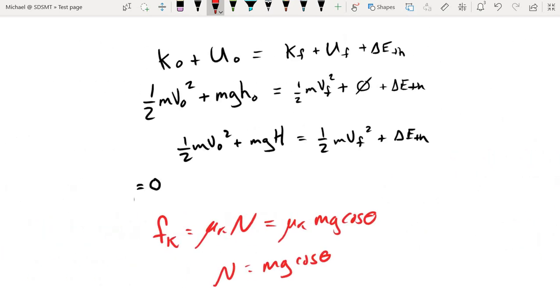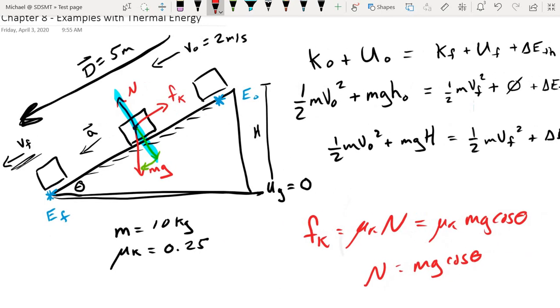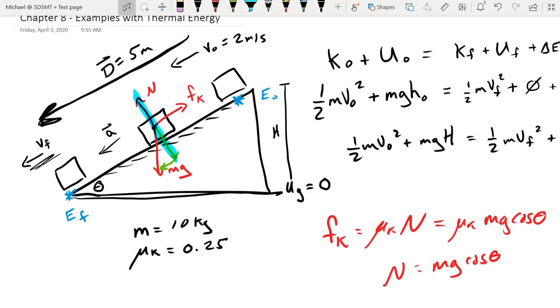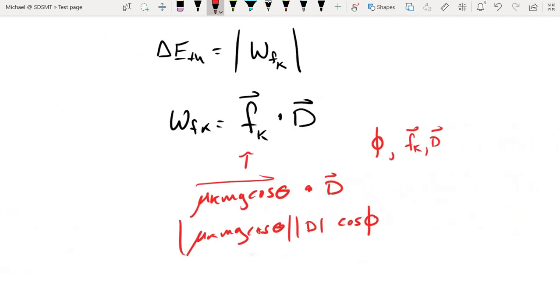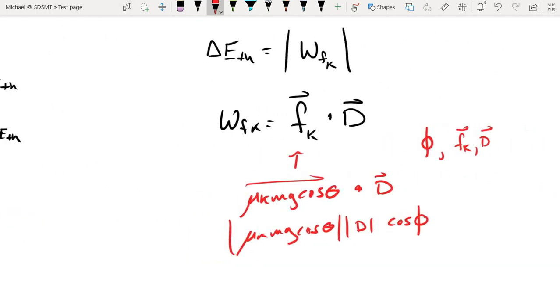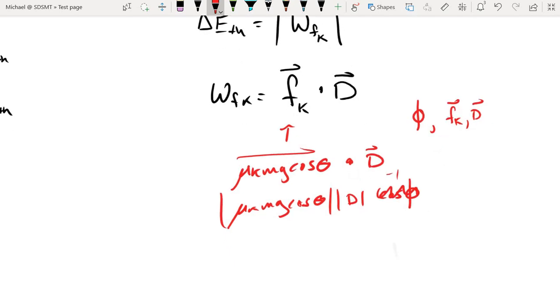And if we look back at our diagram, our friction force is pointing uphill, our displacement vector is pointing downhill, so phi has to be 180 degrees. Cosine of 180 is going to produce a -1.